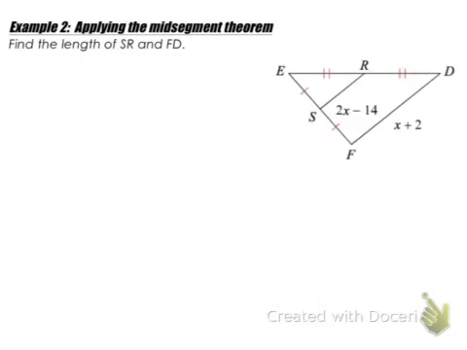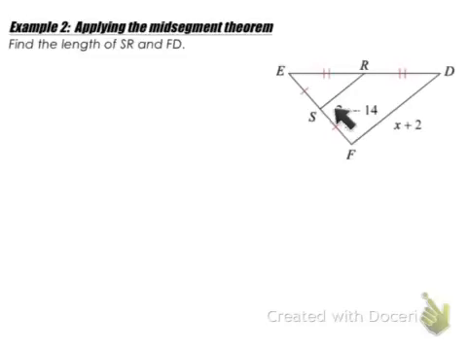In example 2, we're going to find the length of SR and FD, using the properties of midsegments. If we look at the diagram, we know that SR is inside this triangle, and R is bisecting ED, and S is bisecting EF, which means SR is the midsegment. So to figure out the length of SR and FD, we need to figure out the value of that variable first.